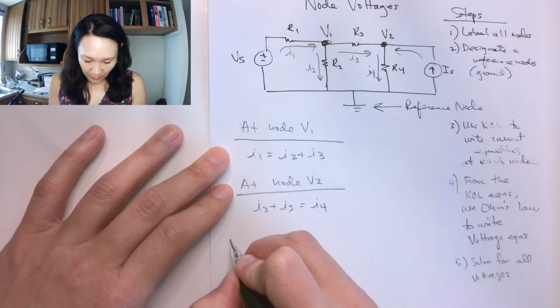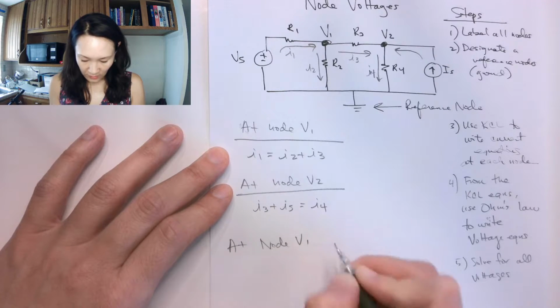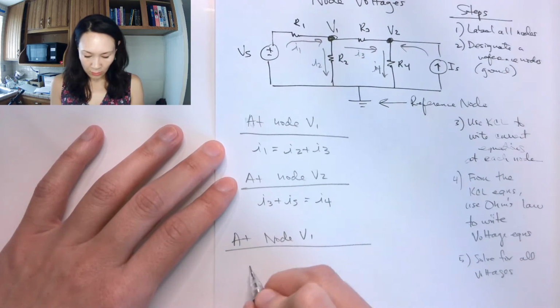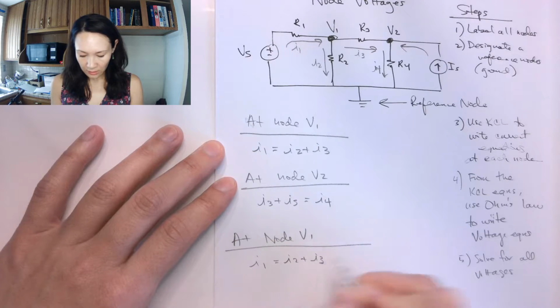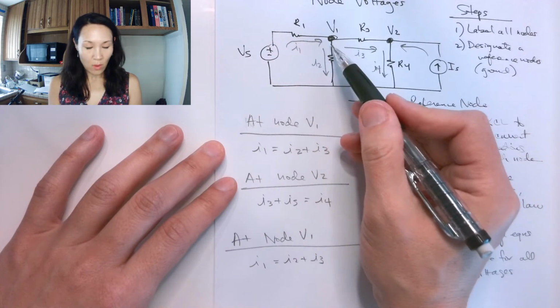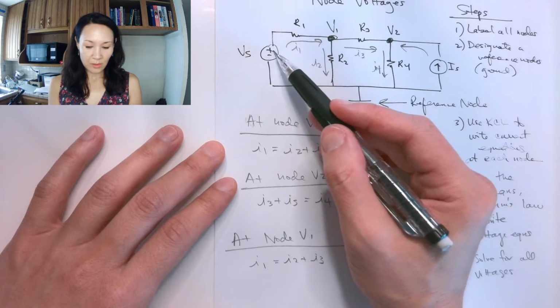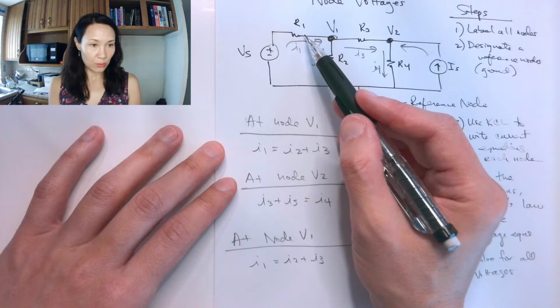Okay, so at node V1, let's look at V1. My current equation was I1 is equal to I2 plus I3, right? So for I1, I'm going to replace this with the difference of the voltages divided by the resistor between.